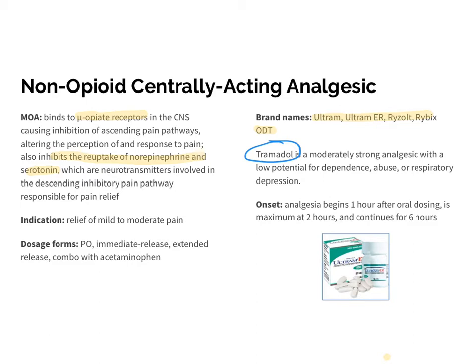Because tramadol binds to these mu-opiate receptors, it's understood that tramadol could be habit forming. Its potential for dependence is very low, but there is the possibility, especially in patients who have had a history of an addiction in the past. When tramadol in the brand name Ultram was first put out on the market, it was not a controlled substance.